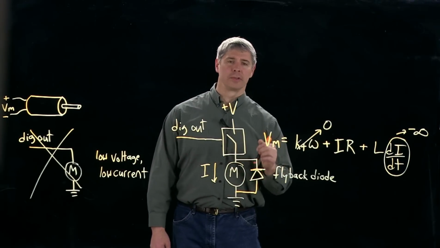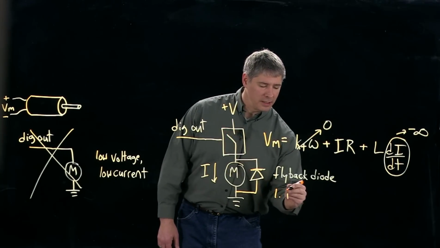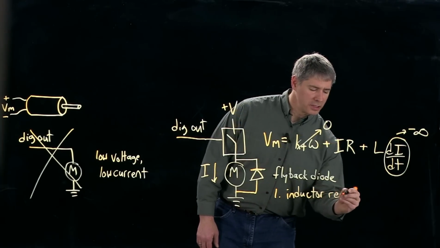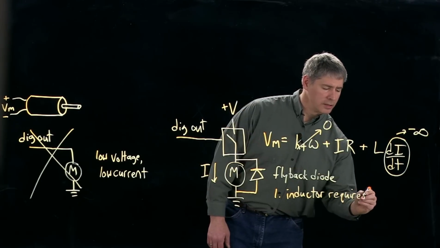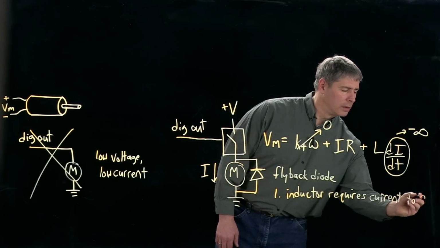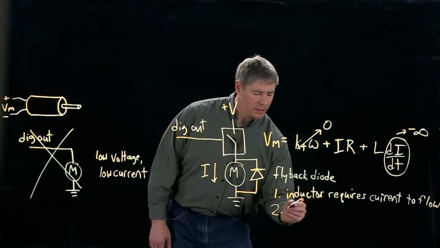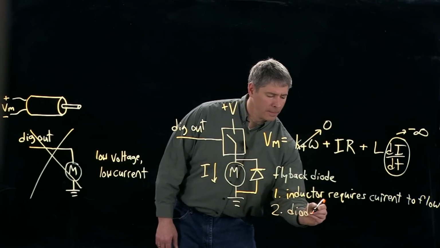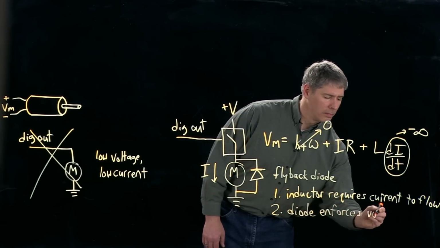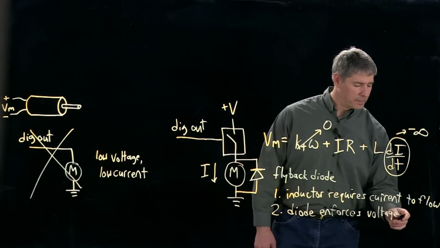So let's look at the two rules that have to be enforced once the switch is open. One is that the inductor requires the current to continue to flow. And the second thing is that the diode is going to enforce the voltage across it.